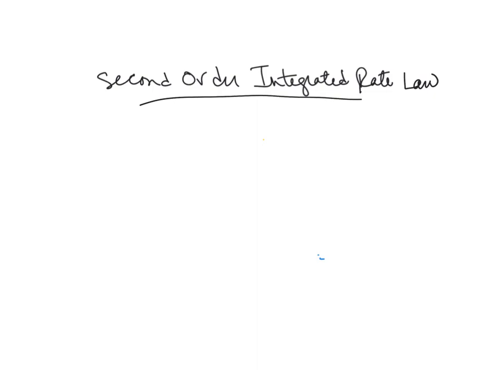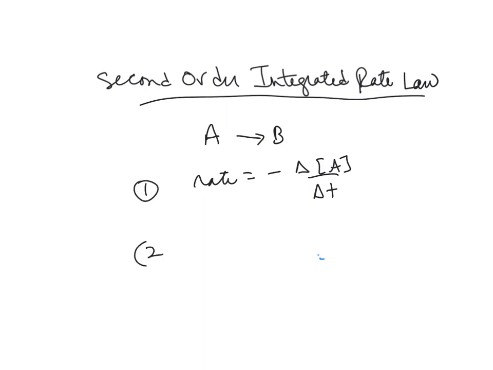Okay, sorry. So we're going to have the reaction of A going to B, something like that. And we'll say the rate of the reaction is negative change in concentration of A divided by change in time. So that's the first way we talked about the rate of the reaction. The second way would be particular for the second order.